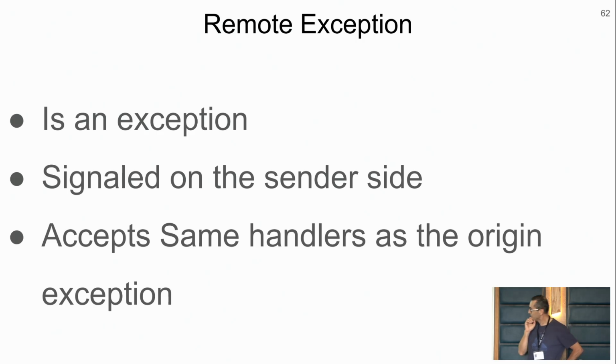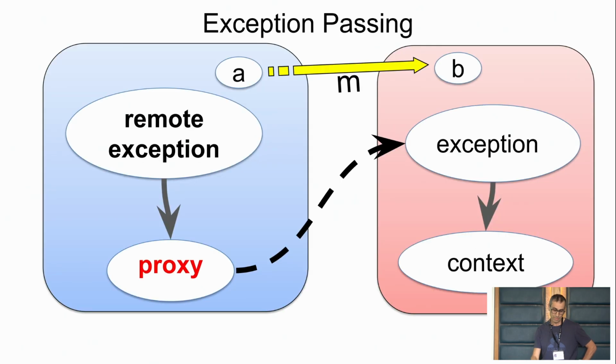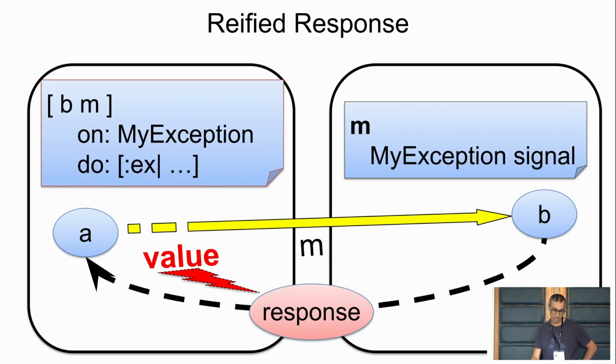This is an interesting discovery I found: you can trick the system even if your exception is not of the expected kind. If I have this code on the left with the handler, even if my exception is not of the kind my exception, I still have a workaround to trick the system and make the handler capture it.